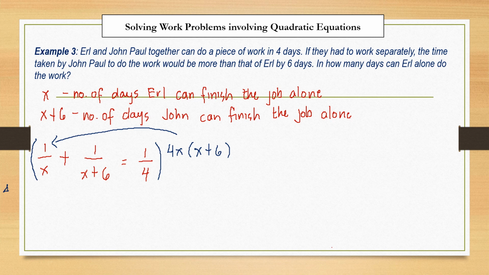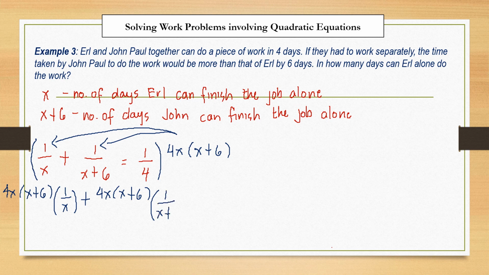So we have 4x times x plus 6 multiplied by the first term, which is 1 over x, plus 4x times x plus 6 multiplied by the second term, which is 1 over x plus 6, is equal to 4x times x plus 6 multiplied by 1/4.